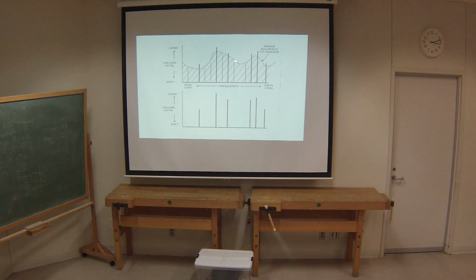Now, depending upon your age, anything that falls underneath here, guess what? You're not going to hear it. Younger folks can hear a much lower threshold, but there's an average threshold of hearing that applies to all people, whether their hearing is super good or not.